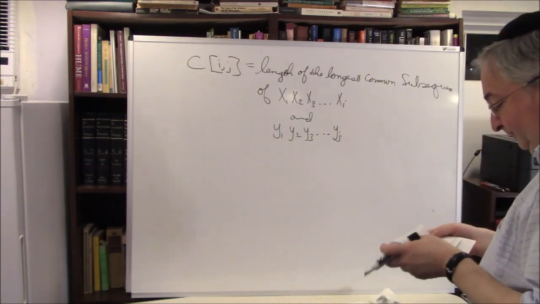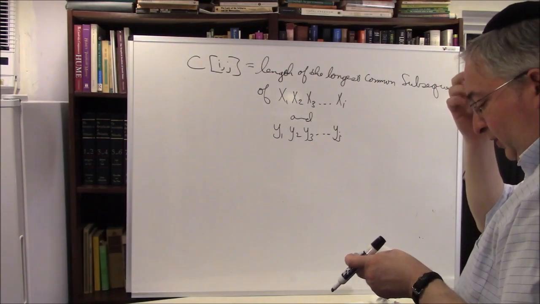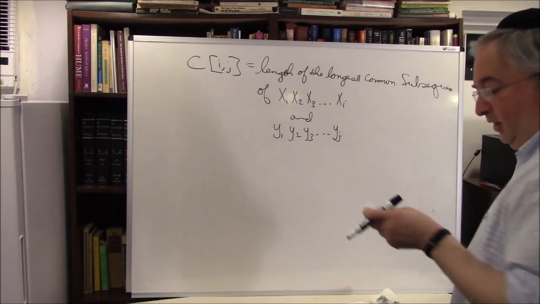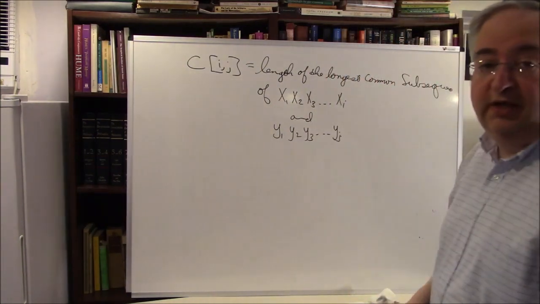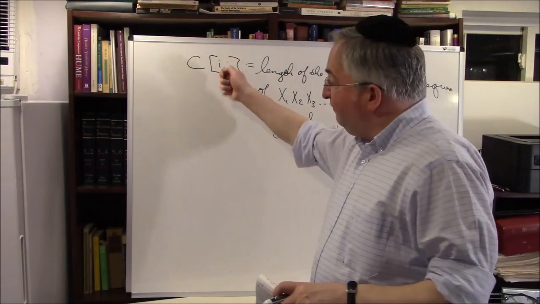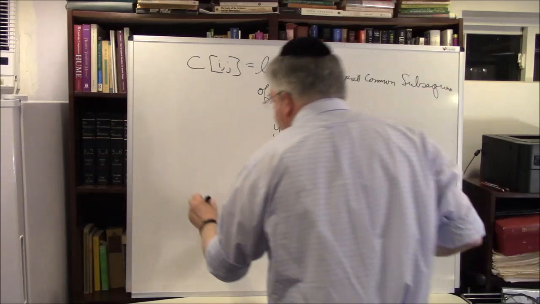Now we have the following. I have to tell you how to fill this in, and you're going to fill in the (i,j) entry by looking at the previous ones. It goes as follows.